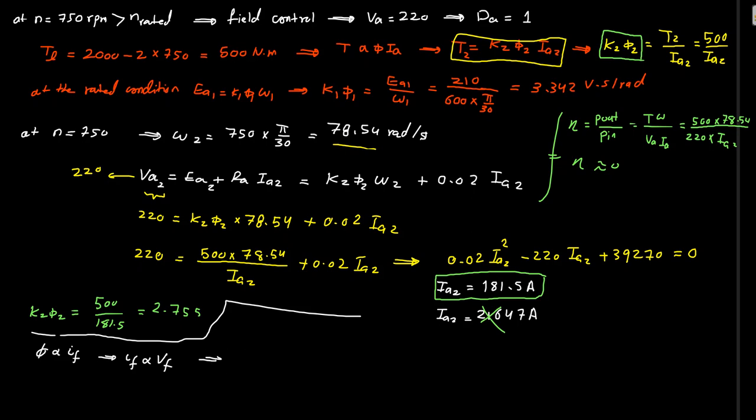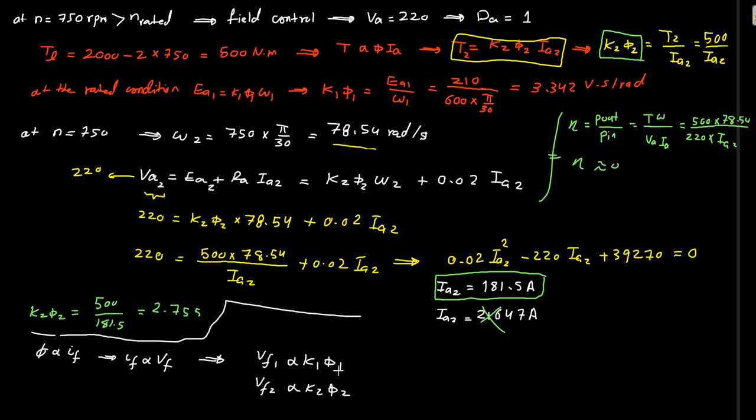So this means that VF1 is proportional with K1 phi 1, and VF2 is proportional with K2 phi 2.